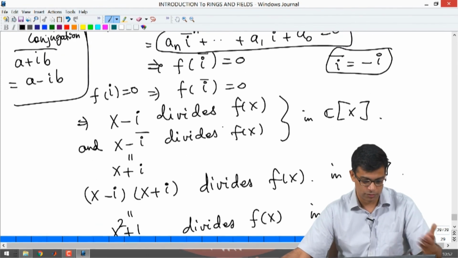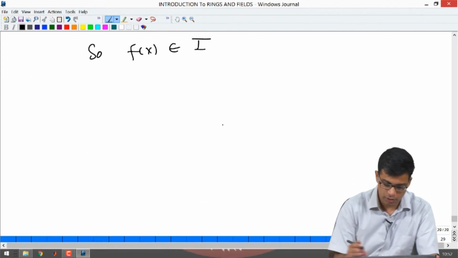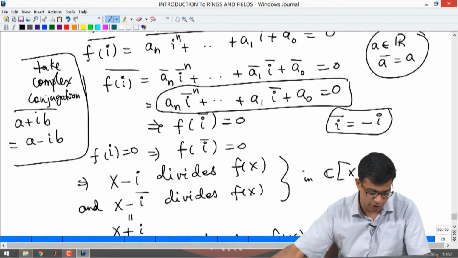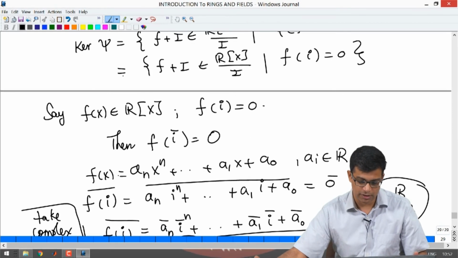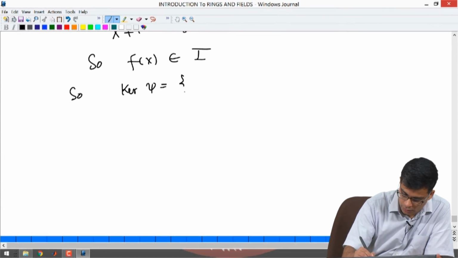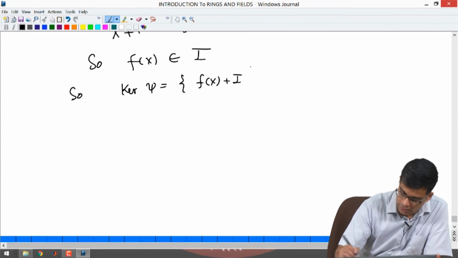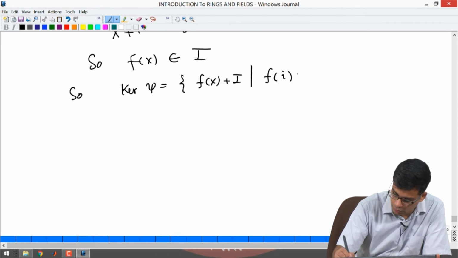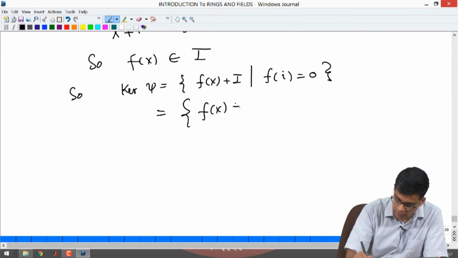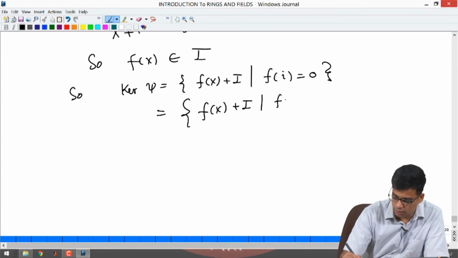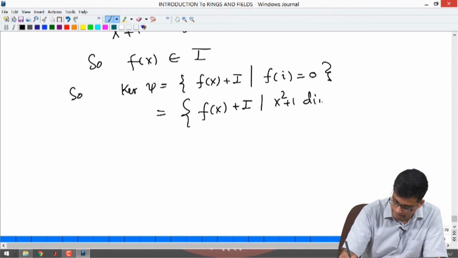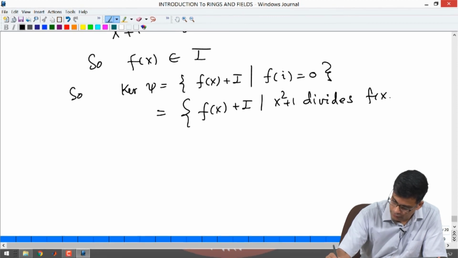Okay, so, this is a long proof, but it is important to understand this. So, let us go back here. What we have shown is that the kernel of psi consists of things of the form f x plus I, such that f of I is 0. But then this calculation tells me that f I is 0, f minus I is 0, that means x squared plus 1 divides f x.